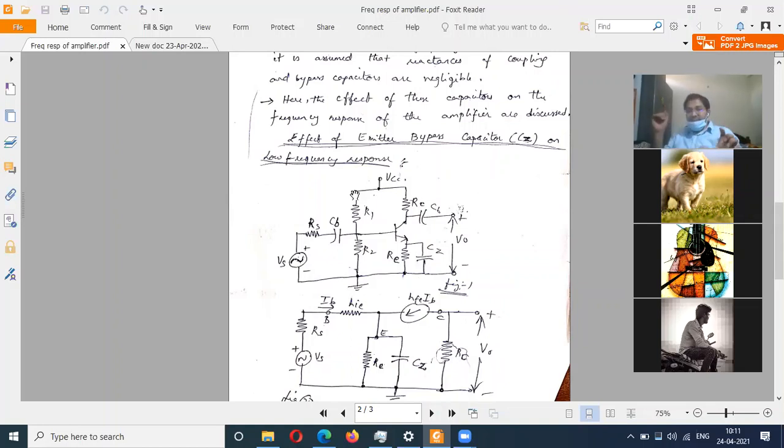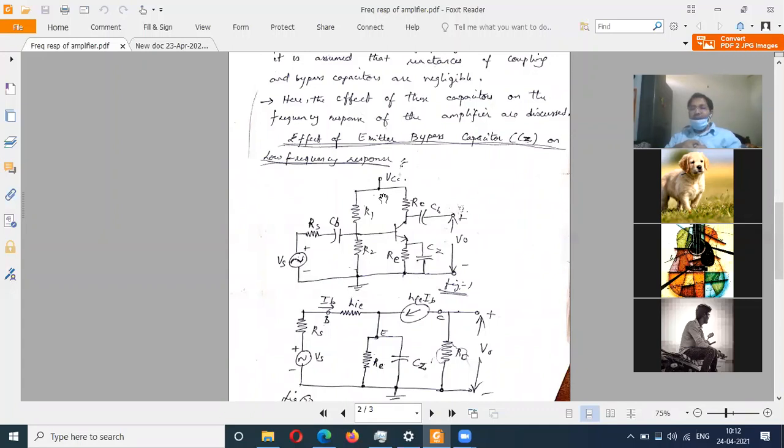When doing low frequency analysis, we have to consider the effect of the capacitors. The standard procedure is that, since there is more than one capacitor, the capacitive effect is taken one by one and then the overall performance of the circuit is analyzed.